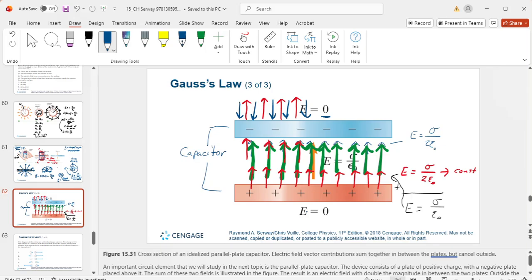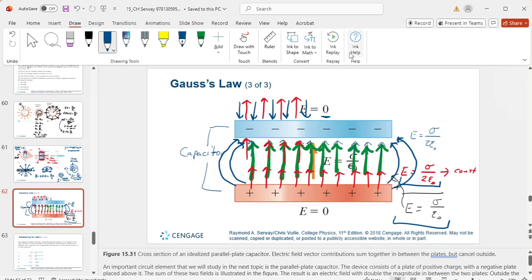When you get to the edges, you get some kind of weird fringing effects. The fields kind of go like this, and then they start to do those butterfly things that we've seen. And so these are not constant field lines in the same way that the field lines in the center are. But if you're near the center, then this is effectively approximated by an infinite sheet, and your individual sheets will have their formulas like this, but their sum will be given by that.